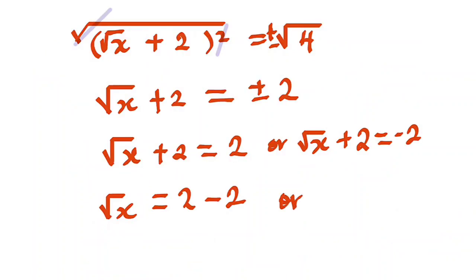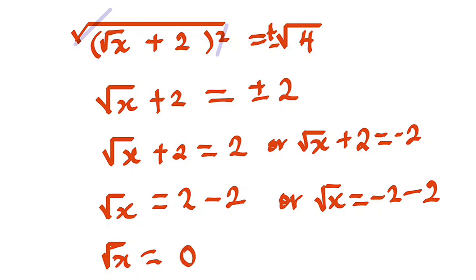Or we have √x = −2 − 2. So from here we have √x = 0, since 2 − 2 gives us 0, or √x = −4.